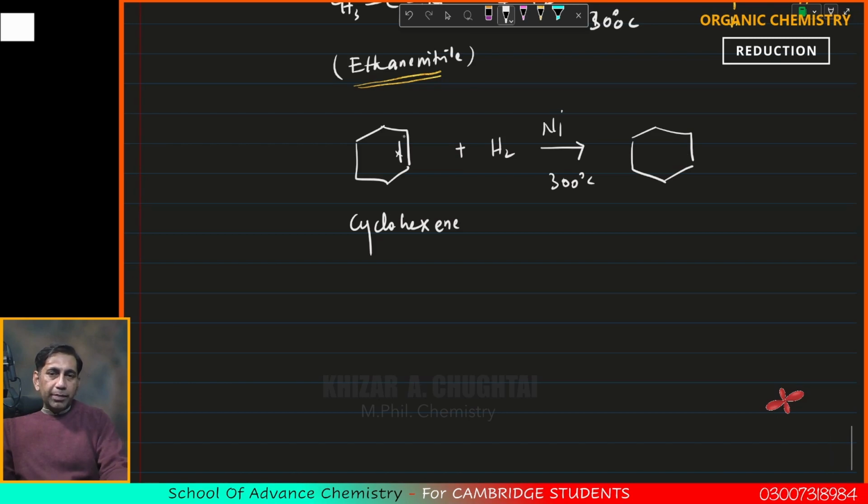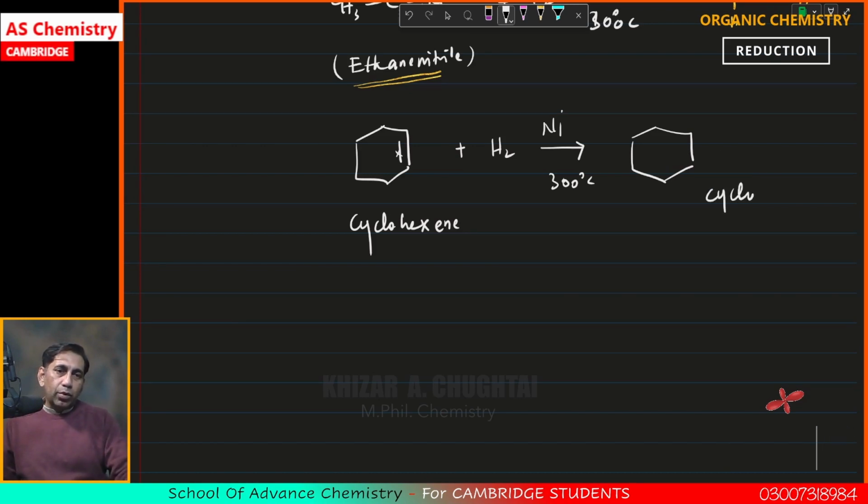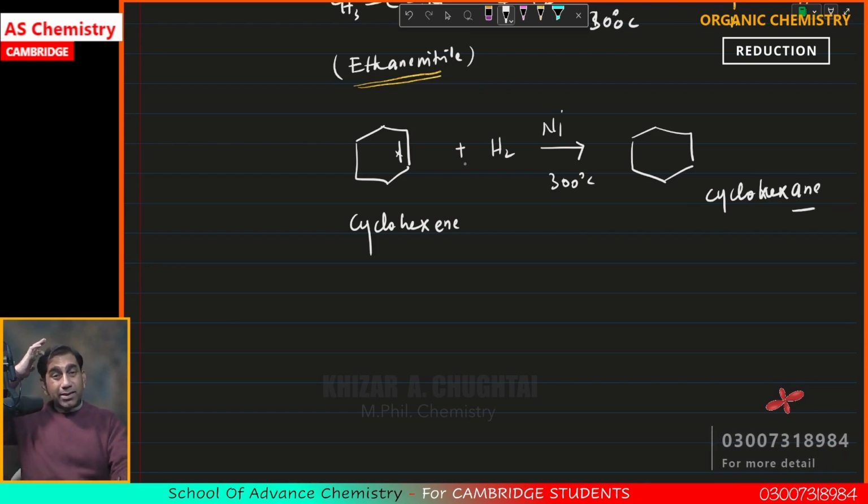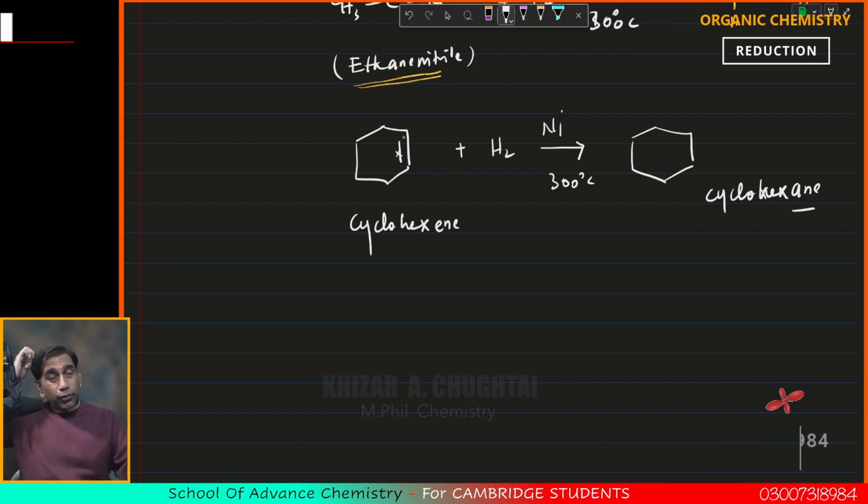If you are just simply removing the double bond, it means that these two carbons now have two hydrogen each, and this is said to be cyclohexane. Cyclohexane is the simplest way. Just remove the double bond.